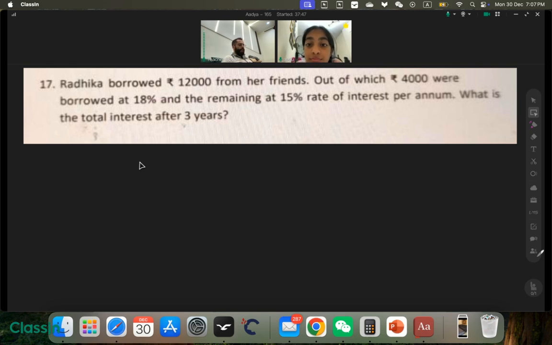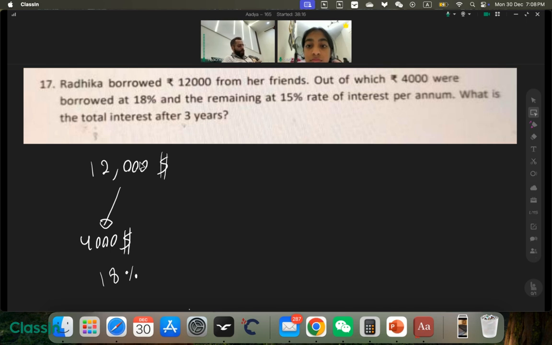So Radhika borrowed this much, $12,000. I don't know how to write rupees. From her friends. Out of these 12,000, she borrowed $4,000 at 18% interest.